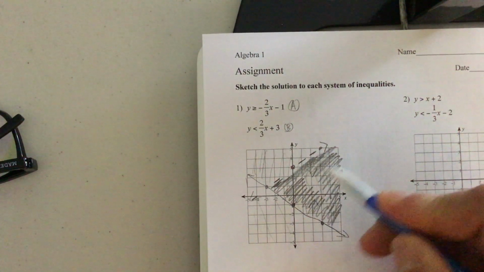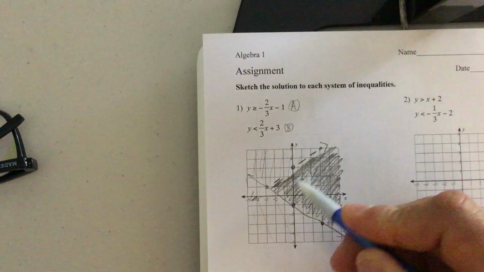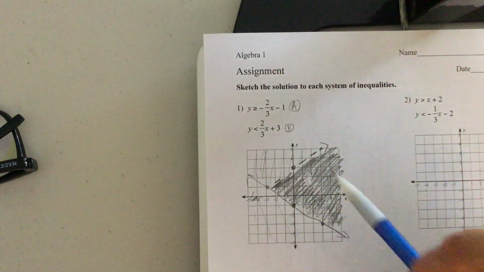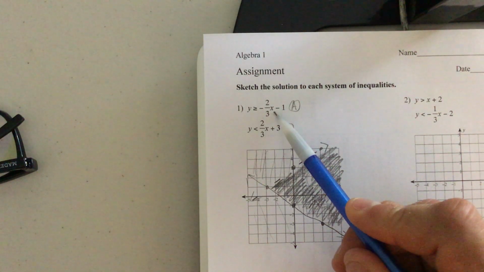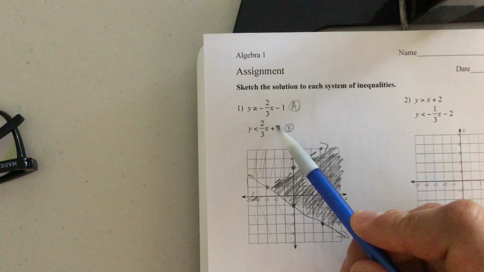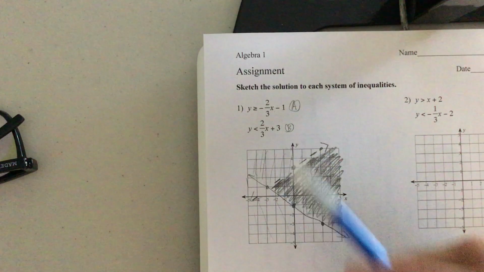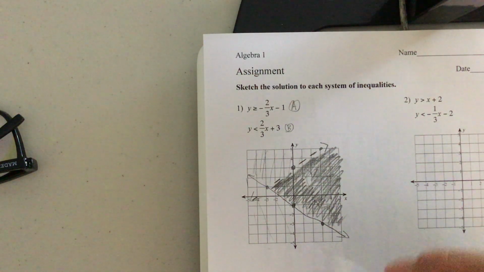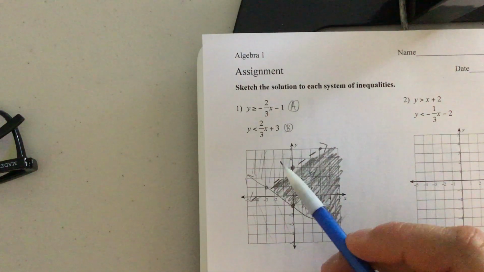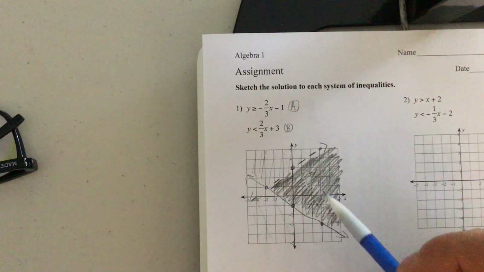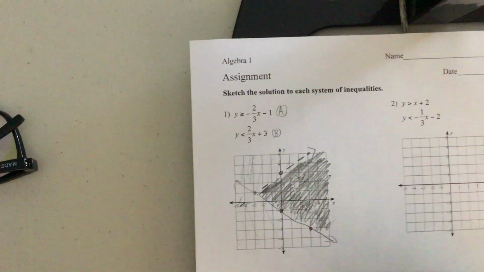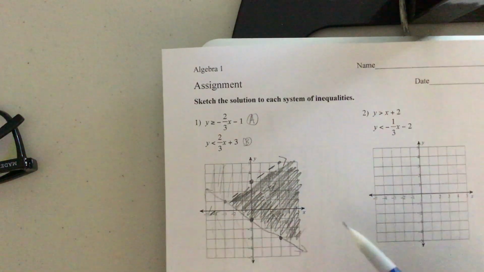If you choose any point in this super shaded region, like 0, 0, that would be a solution to inequality A, a solution to inequality B, therefore it's a solution to the system. That's the big takeaway. Light shade, and then wherever the shading's fully overlapped, make it dark shaded, because that's where the solutions reside.